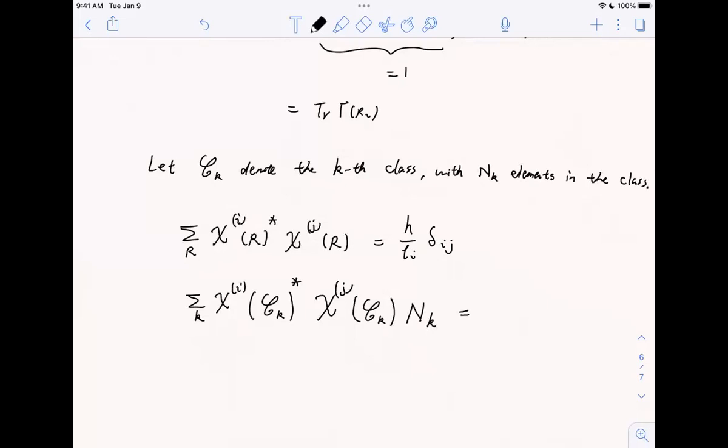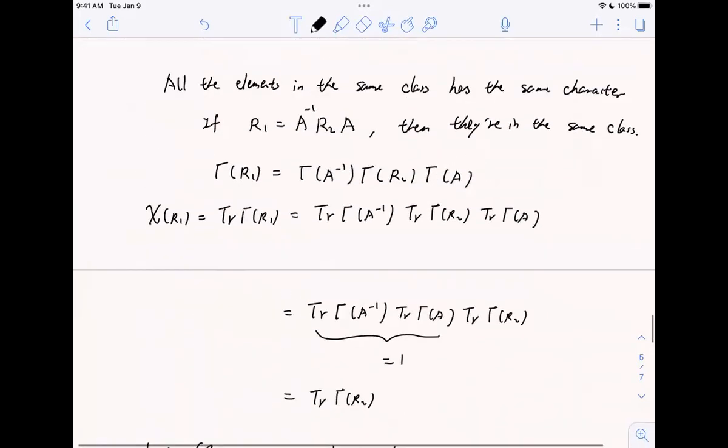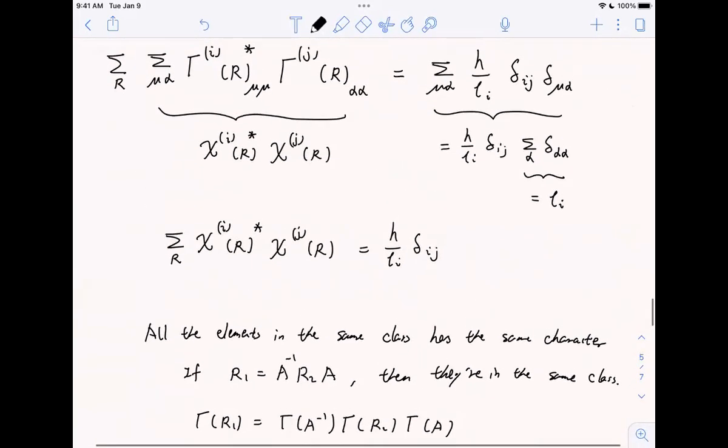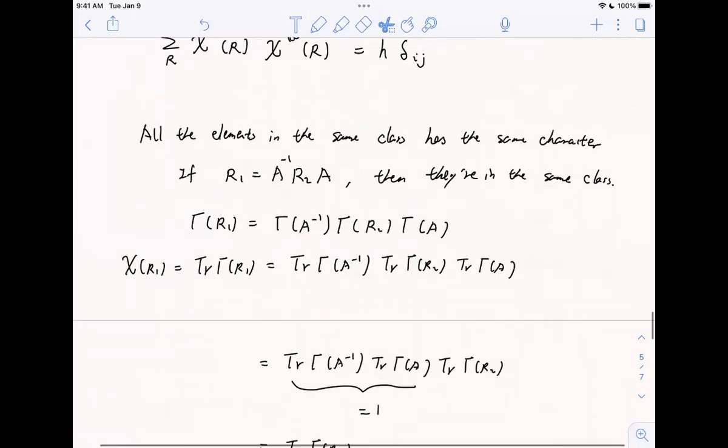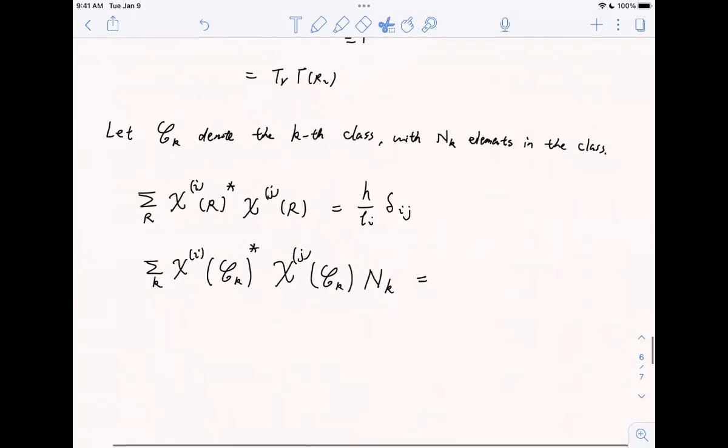Sorry, I made a mistake here. This Li is not here, because it got canceled out here. It was already canceled here. So this is just h.